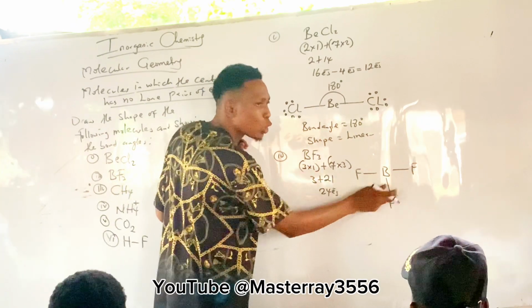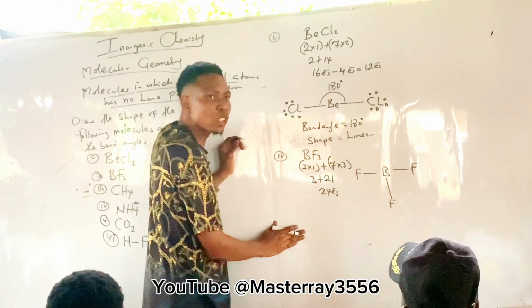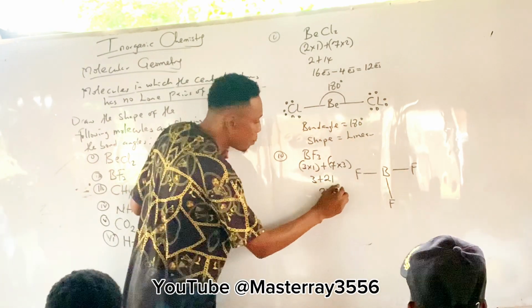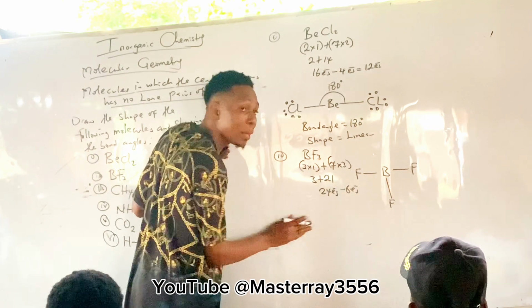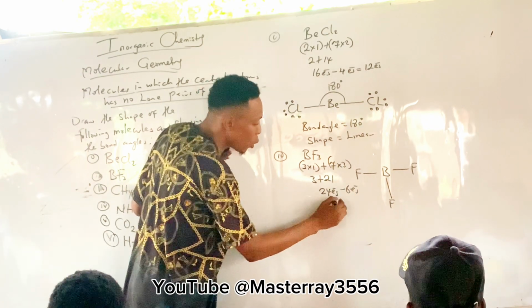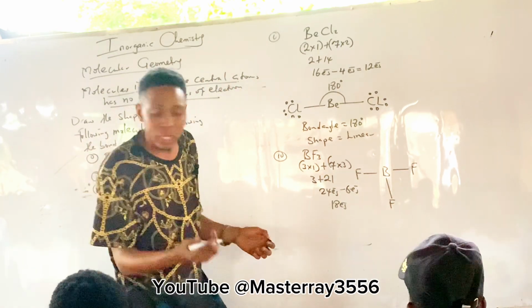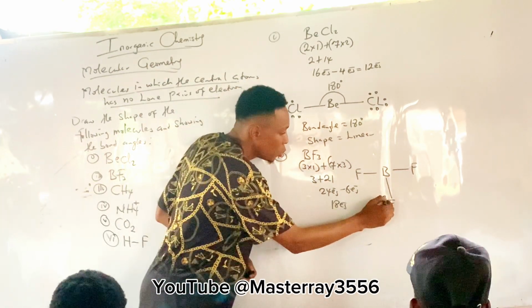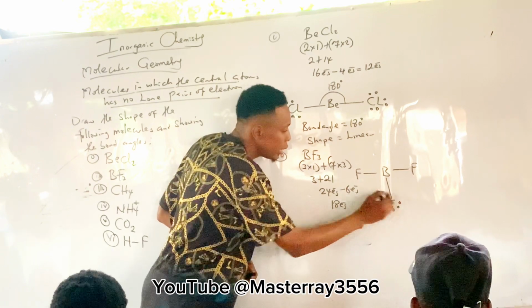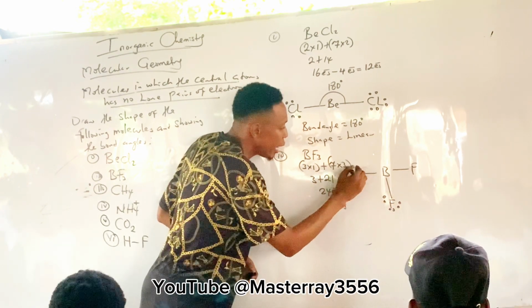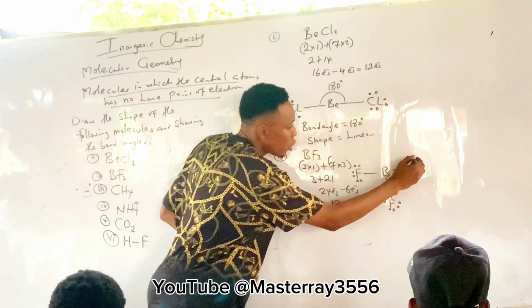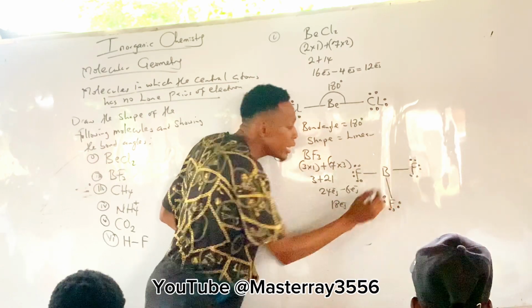Then how many are we subtracting from it? 6. Minus 6 electrons, how many will be left? 18 electrons, that we are sharing. So let's share: 2, 4, 6, 8, 10, 12, 14, 16, 18.